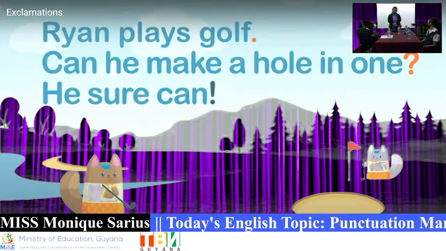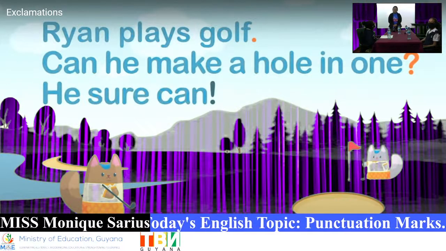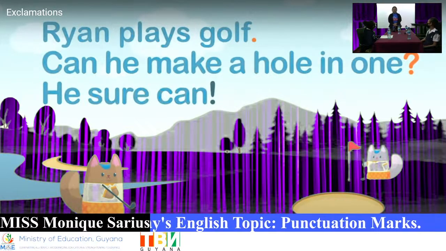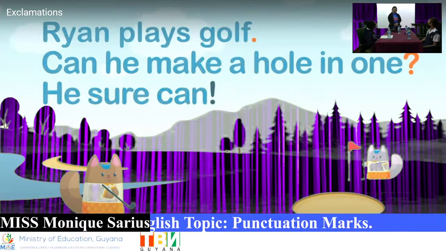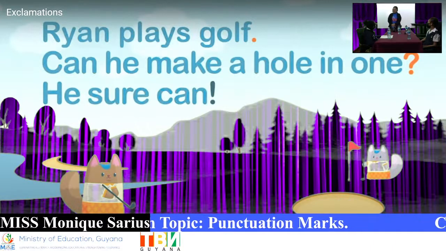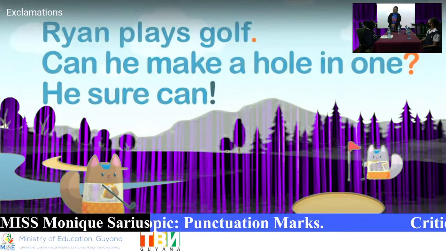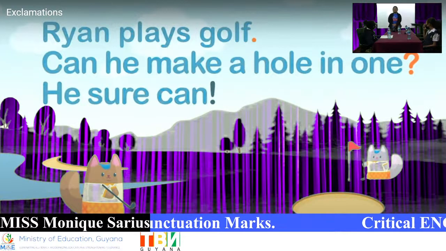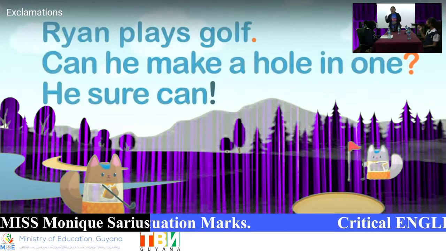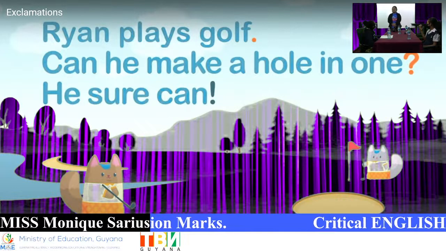Or what's another word we can use for emotions? Strong feelings. Good. He sure can. And I don't think we speak like this in Guyana, do we? He sure can. So give me a Guyanese version of this here to show strong emotions where an exclamation mark will be used.